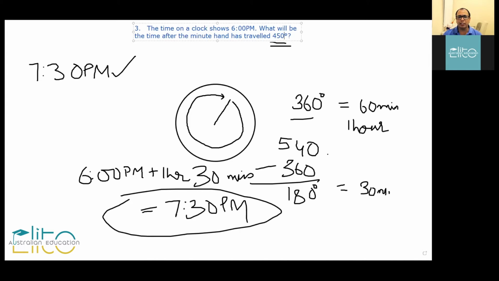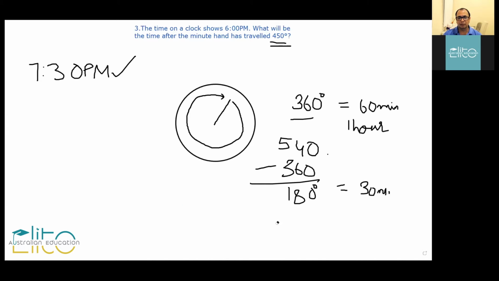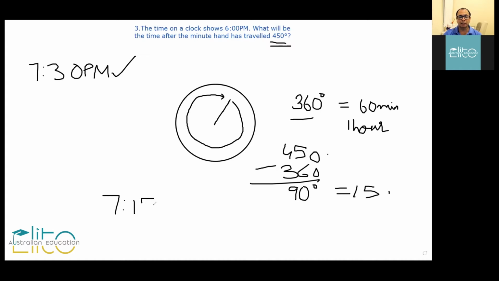All we need to change here is 90 degrees, or 90 degrees makes it 15 minutes. So the time will be 7:15 p.m.